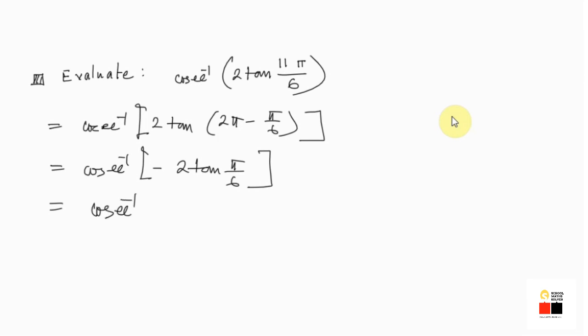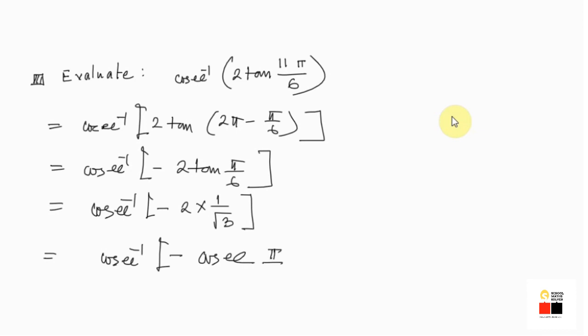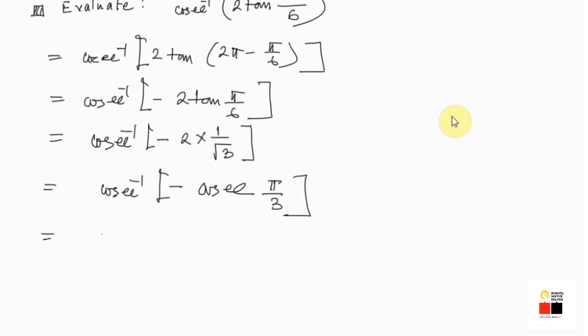Cosec inverse minus 2 into 1 by root 3. Cosec inverse minus cosec inverse pi by 3 equals to cosec inverse cosec minus pi by 3, minus pi by 3. Minus pi by 3 will be the answer.